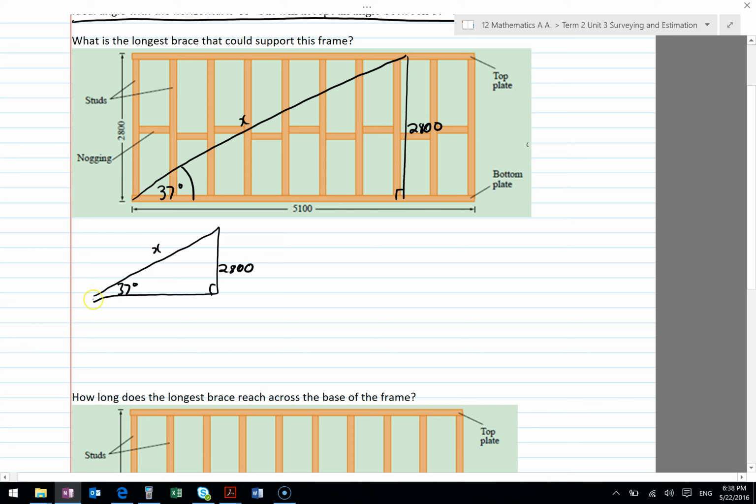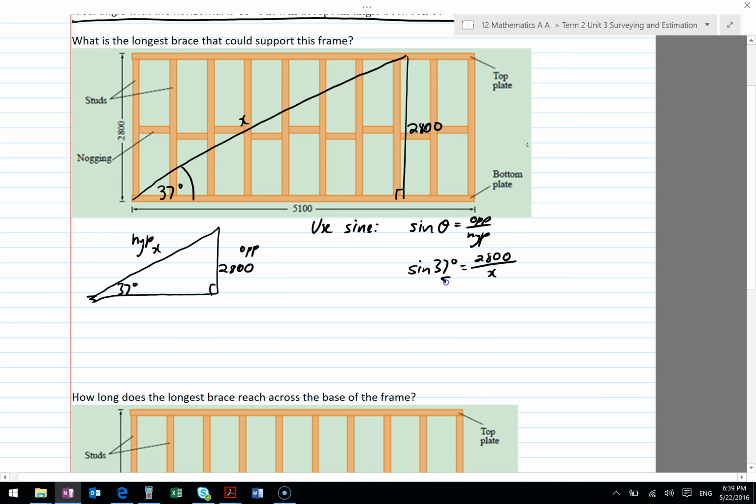I'll look at this diagram and I'll realize that I should use sine because I've got the opposite and the hypotenuse. Use sine. So sine of the angle is opposite over hypotenuse. Sine of 37 is 2800 over the hypotenuse, which is x.